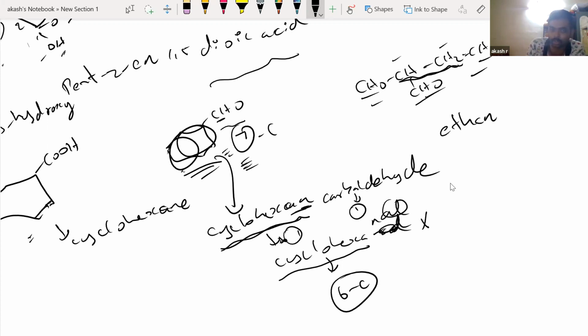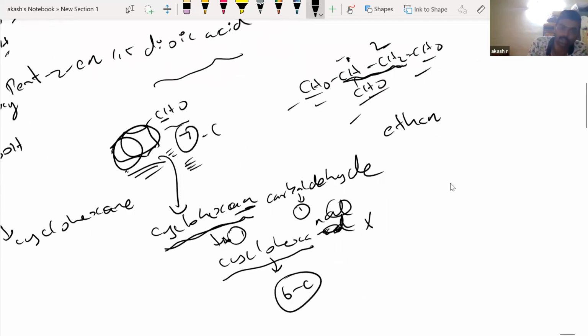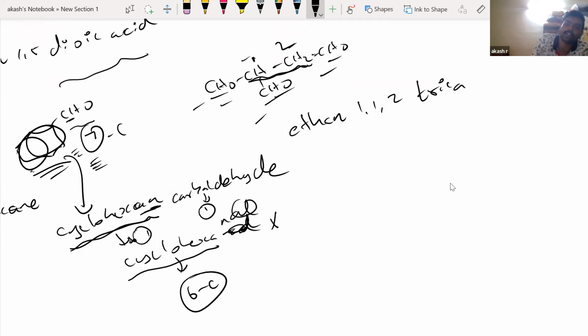So ethane. Now take the numbers. Start numbering from this carbon, and only the carbons which you are taking have to be numbered: 1 and 2. That's it. The first carbon atom has 2 CHOs, and the second carbon atom has 1 CHO. So we write 1, 1, 2. We have to use carbaldehyde because you cannot write al. So in this case, it is going to be tricarbaldehyde.